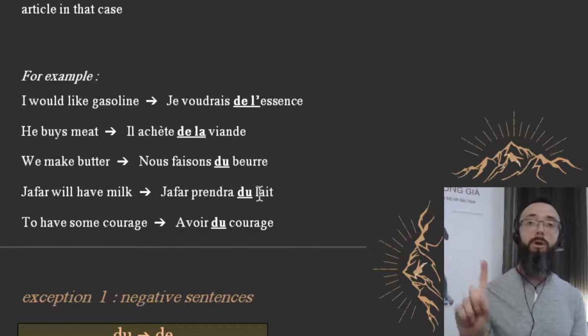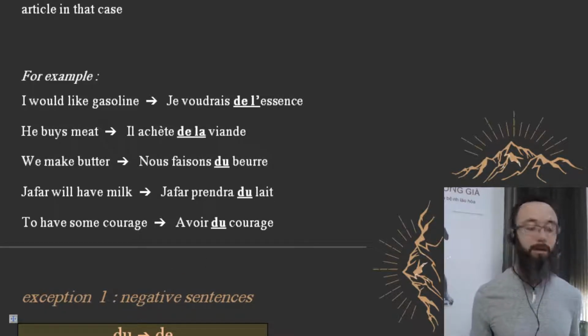No, no, no, because lait is uncountable. Again, you cannot say, well, I bought 2 milk. No, you bought 2 cans of milk or 2 bottles of milk, 2 bouteilles de lait, all right? But you're not going to say 2 bouteilles du lait because here it is quantifiable. But du lait is unquantifiable.